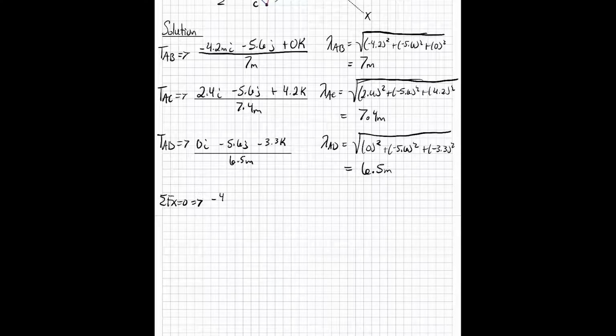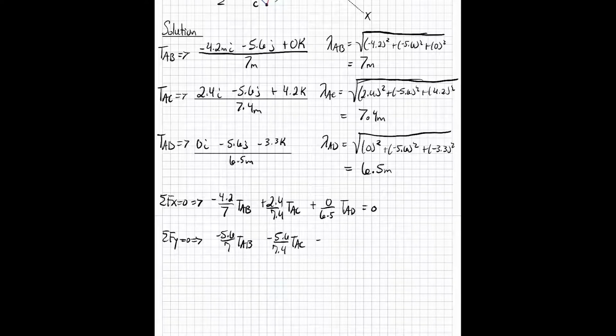So in the i we have negative 4.2 over 7 tension AB plus 2.4 over 7.4 tension AC plus 0 over 6.5 tension AD, all equal to 0. Sum of forces in the y equal to 0. We have negative 5.6 over 7 tension AB minus 5.6 over 7.4 tension AC minus 5.6 over 6.5 tension AD.